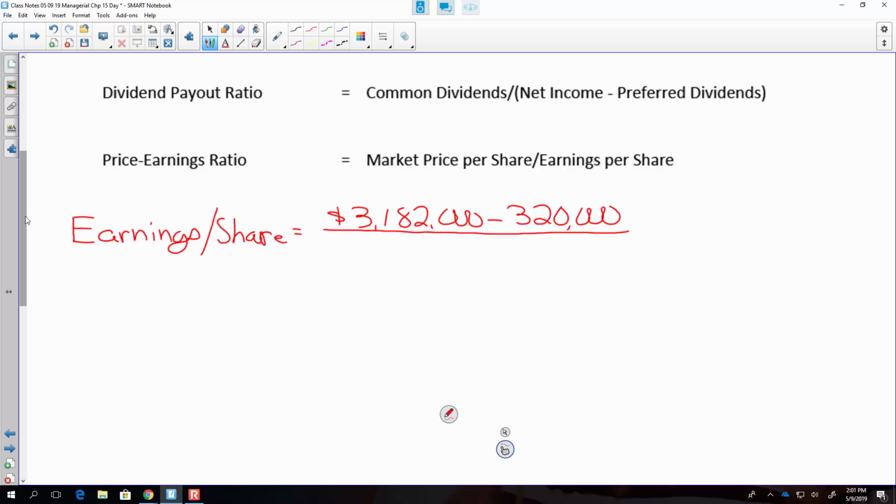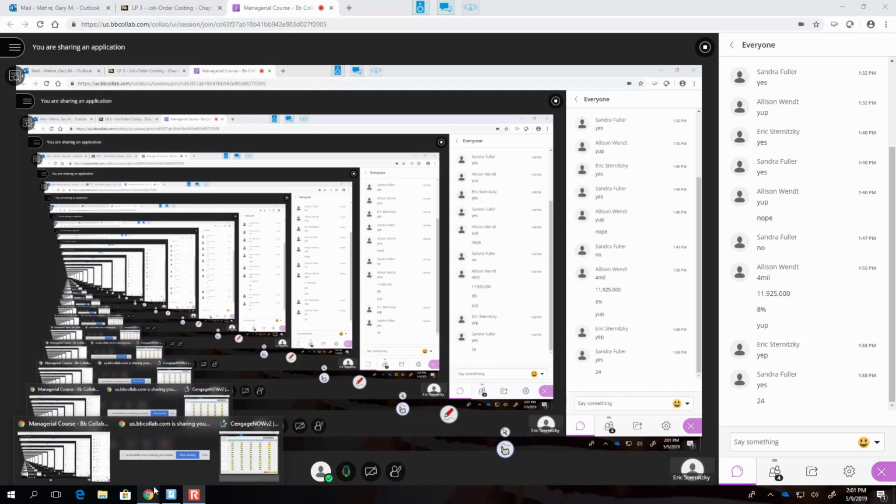How many shares outstanding did we have at the beginning of the year? I'm looking for number of shares. Is that like 1 million? Yeah, it's just the 1 million. So if you look at the equity section, common stock had a par value of $3.